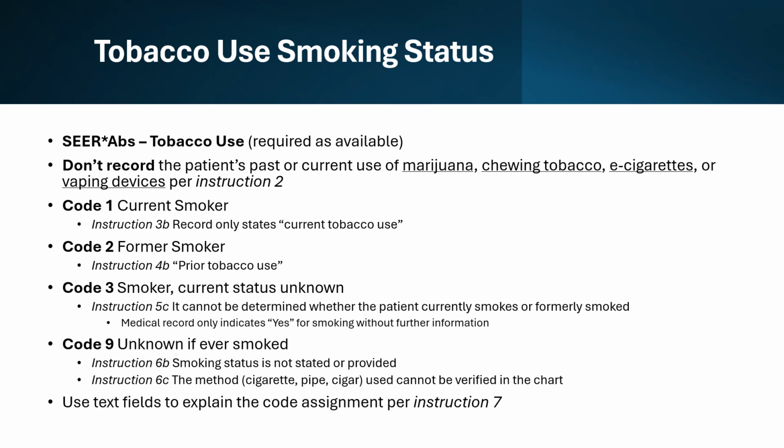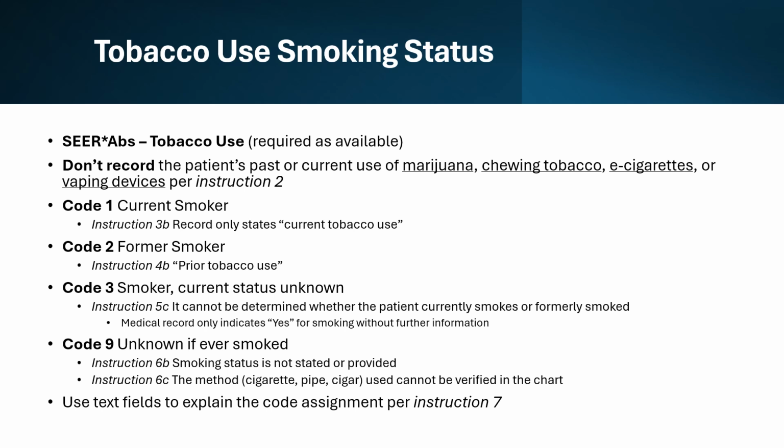Tobacco smoking history can be obtained from sections such as the nursing interview guide, flowchart, vital status, or nursing assessment section, or other available sources from the patient's hospital medical record or physician record. This is for documenting tobacco smoking status, which includes cigarette, cigar, and/or pipe. And it does not capture marijuana, chewing tobacco, e-cigarettes, or vaping devices.